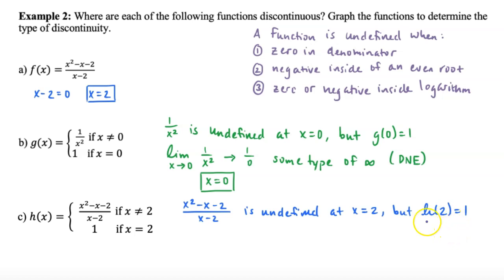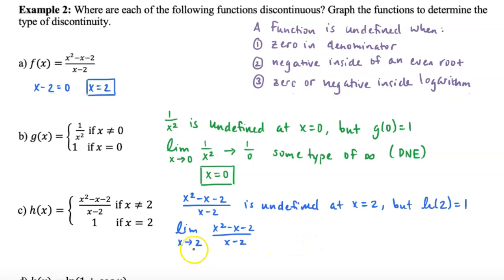So first requirement is met. The second requirement is that the limit exists for all values of x. So where do we think this limit might not exist? Well, at 2, which will give us a 0 in the denominator. So let's see if we can find the limit as x approaches 2 of this function. Now immediately, if we plug in x equals 2, what happens?